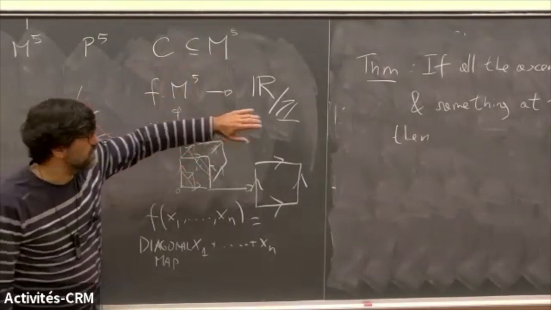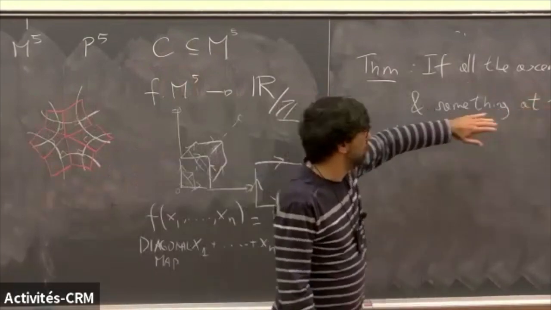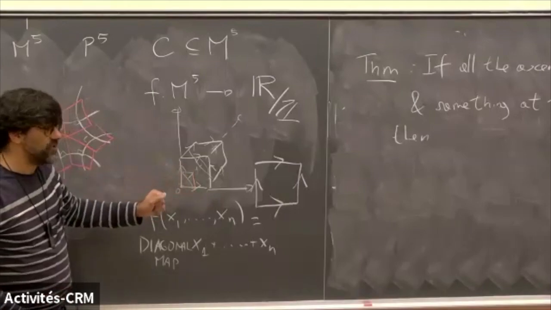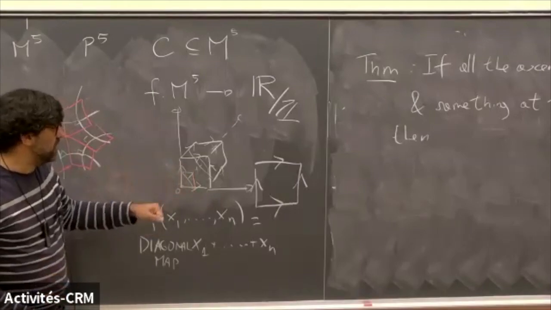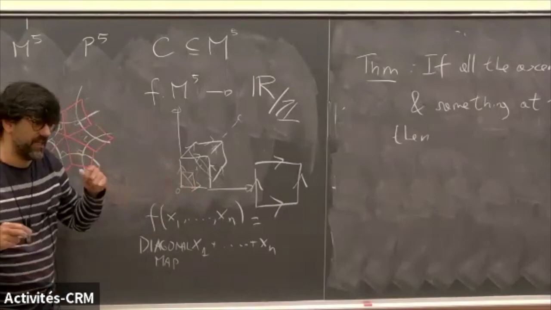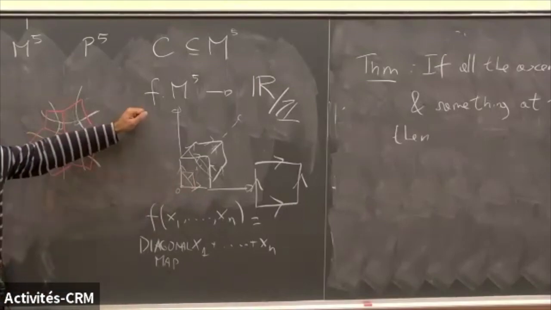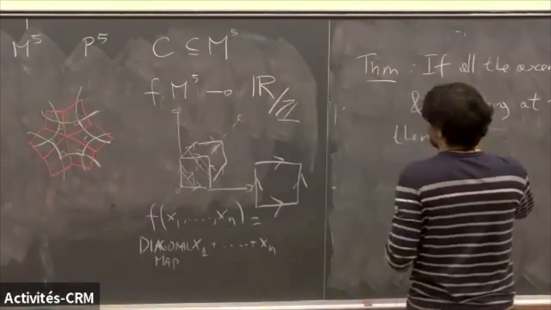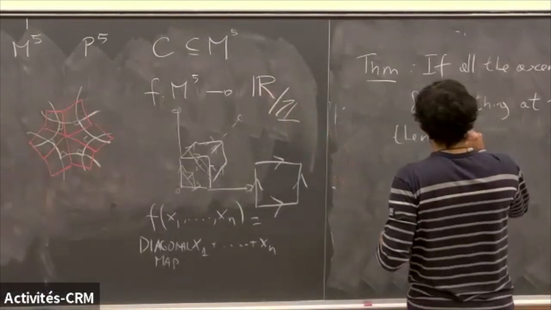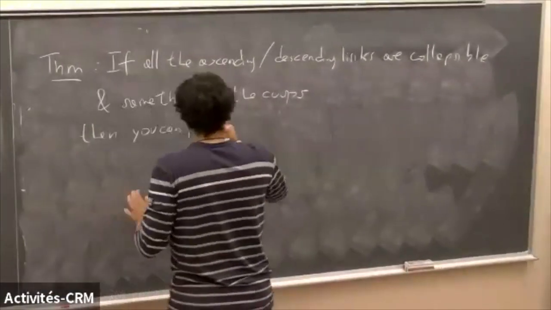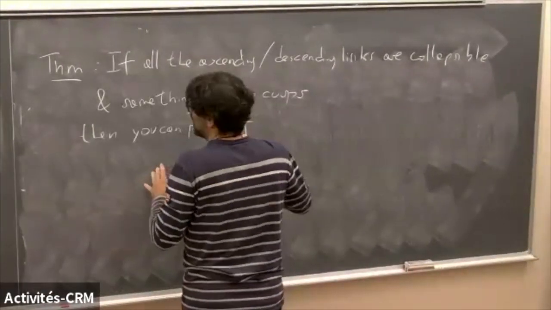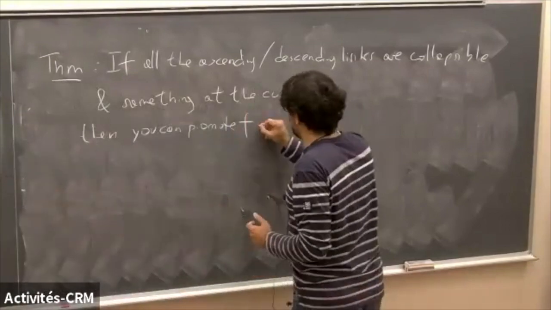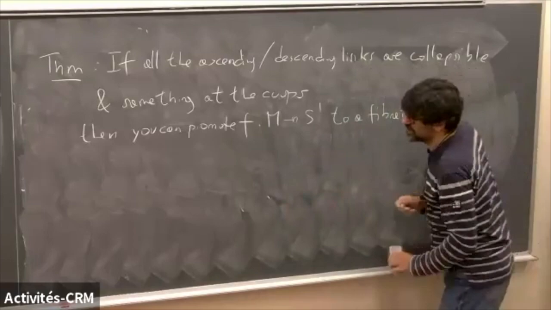Moreover, the same thing at the cusp means that the cusps inherit also a cubulation, and the same condition must hold at every cusp. So at every cusp you get a restricted function, and you must have the same condition. Then you can extend F from C to M, and you can smoothen, so you can promote F to a fibration.